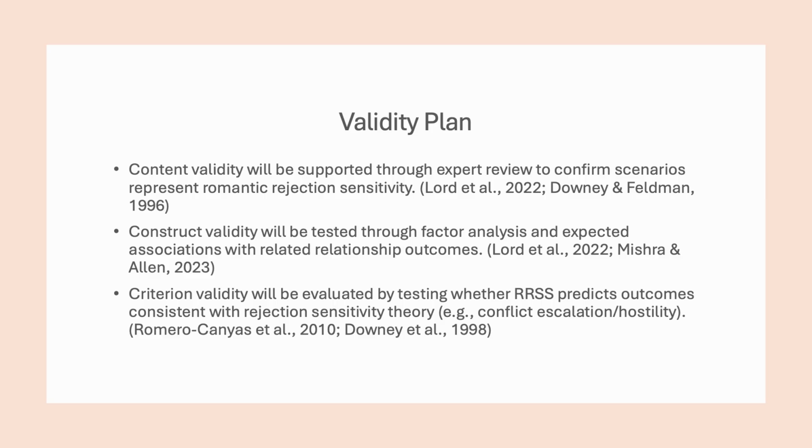For example, RRSS scores should relate to patterns like negative interpretations of ambiguous cues and maladaptive responses during conflict, but it should not simply duplicate measures of depression or general anxiety. Construct validity is basically asking, is the RRSS behaving the way rejection sensitivity theory predicts?